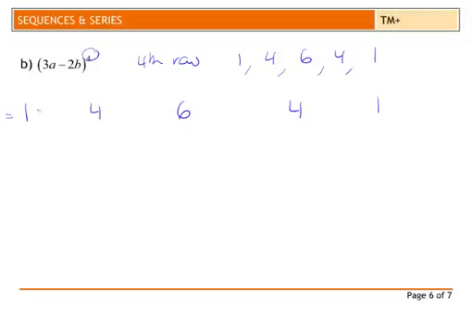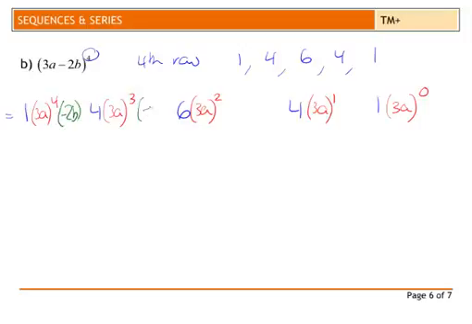Start with my first term, which is 3a. Work my way along. Start with the highest power, which is 4, and decrease. Then do my next term, which is negative 2b. See what I mean by you needing space. Start at the lowest power and increase.